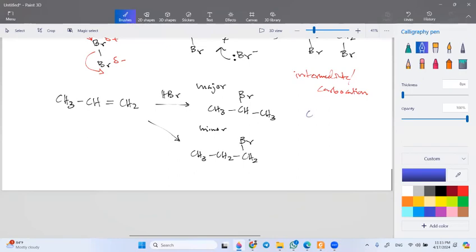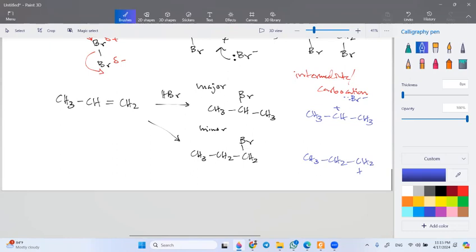What's the intermediate here? CH3CHCH3 with this carbon positive. Then only Br minus tends to hit this. That's the intermediate. If I take this one, CH3CH2CH2 positive.